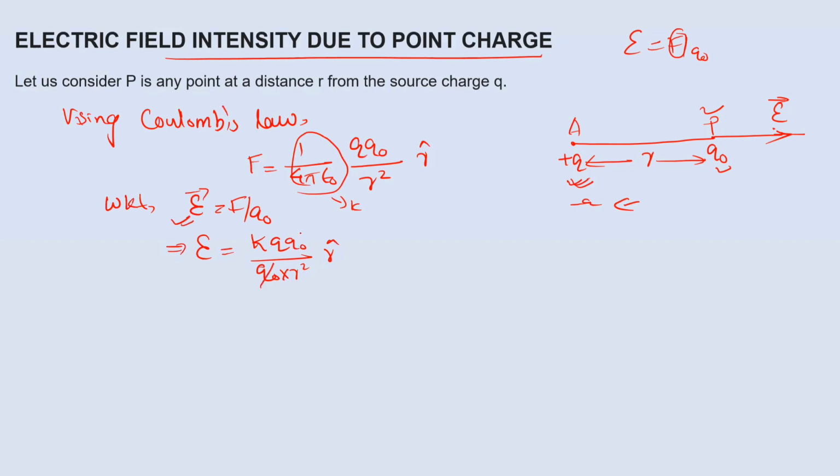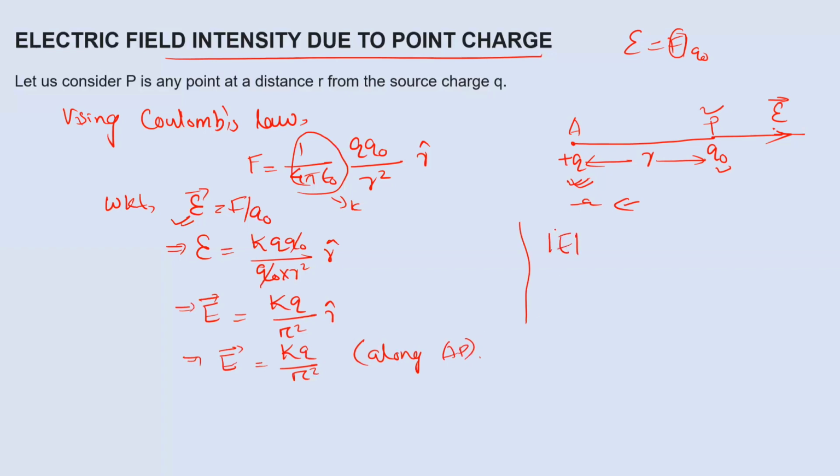So from here, the Q naught will get cancelled, and you will have the electric field intensity E is equal to KQ by r square, r cap. And you can write the direction to be along AP. Clear? And also, you can write the magnitude of E to be equal to KQ by r square.